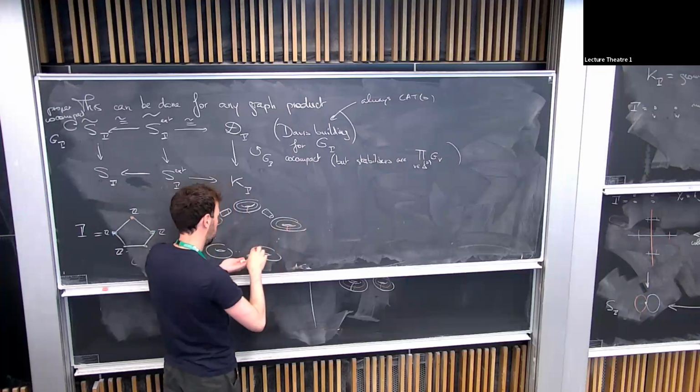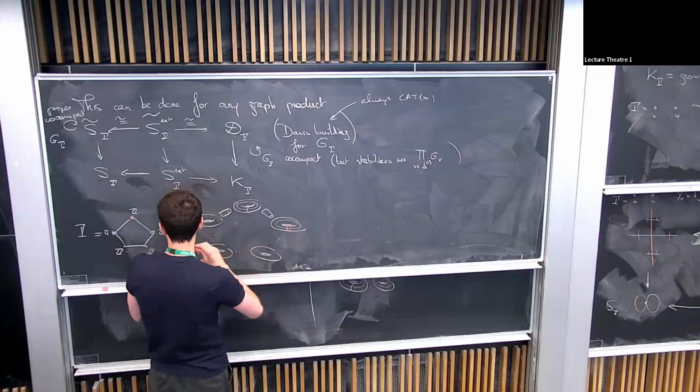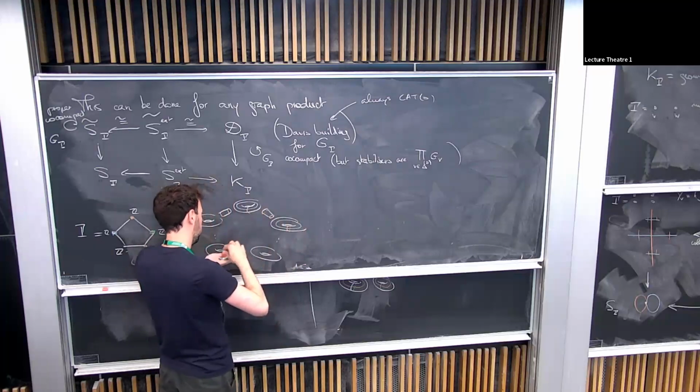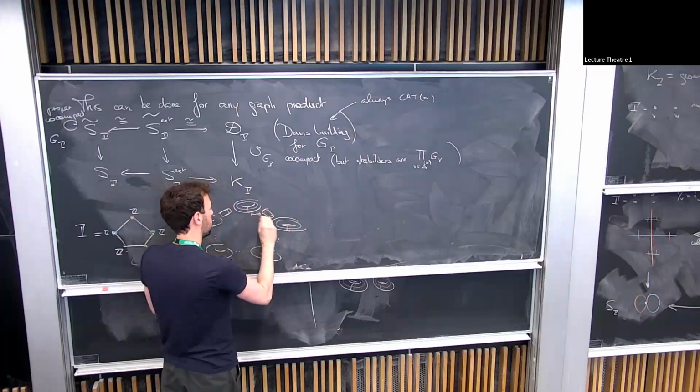It's that torus here, and here the cylinder is going to be used to glue, identify the red circles here.